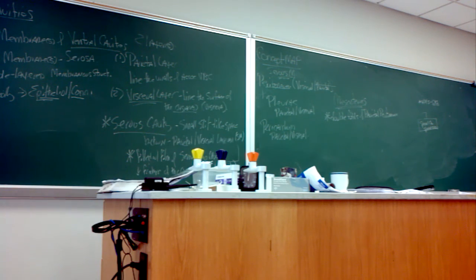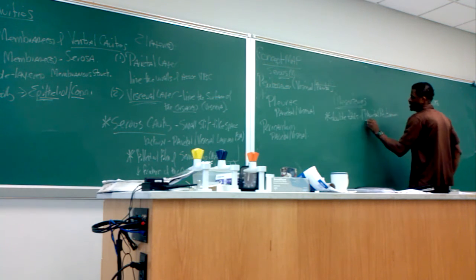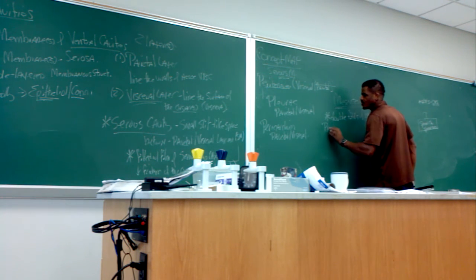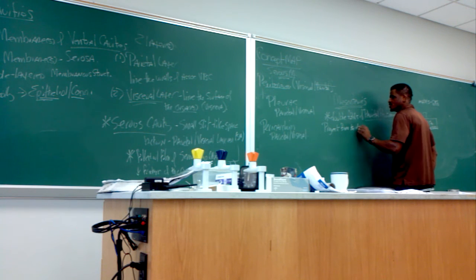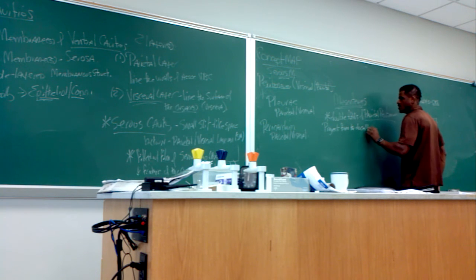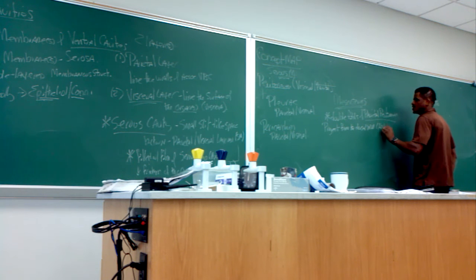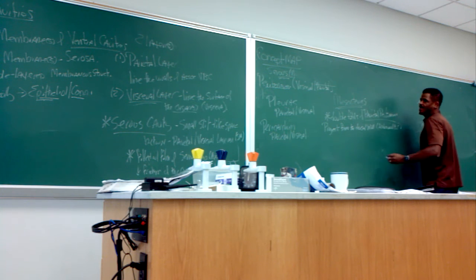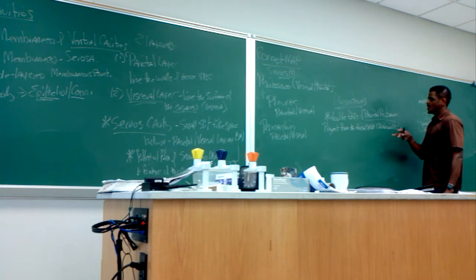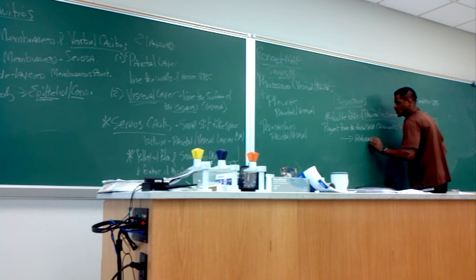So the mesenteries are double folds of the parietal peritoneum. They project from the dorsal wall of the abdominal body cavity to the abdominal viscera.